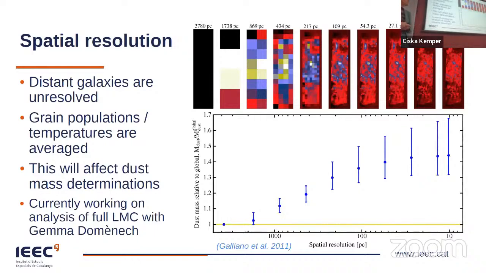Another thing to consider, especially when you look at these distant galaxies, is that you're looking at an entire galaxy at once. So you're having a bit of the same effect that we had before, where you're looking at the entire dust population all at once. So you see all these dust temperatures mixed together.